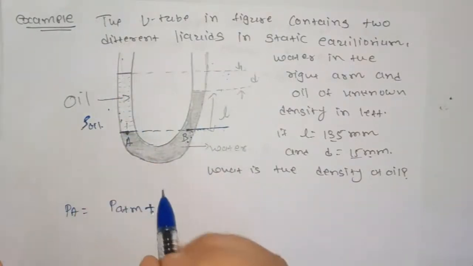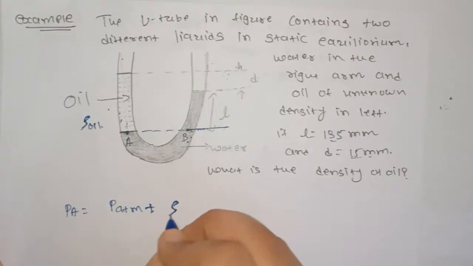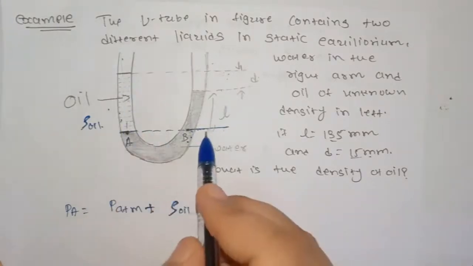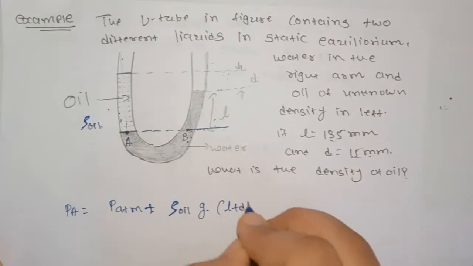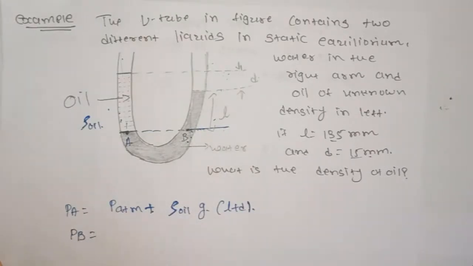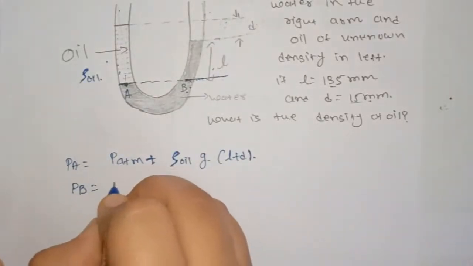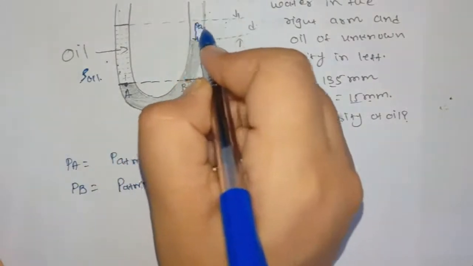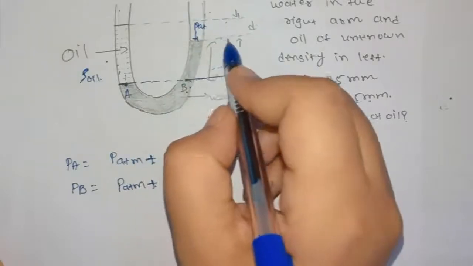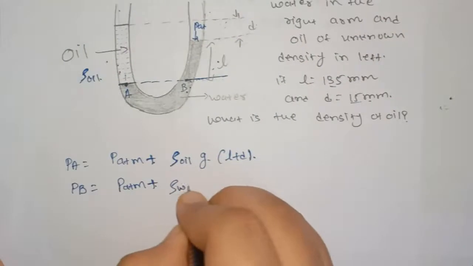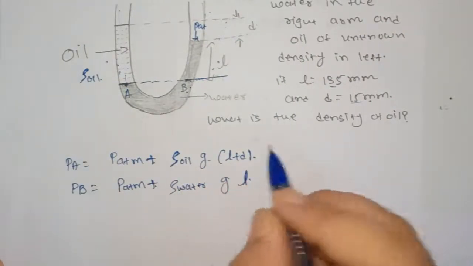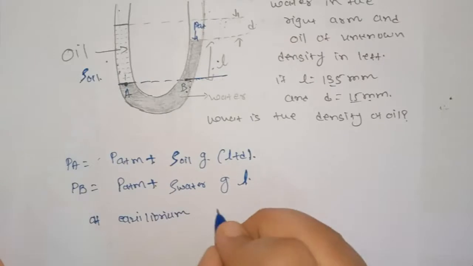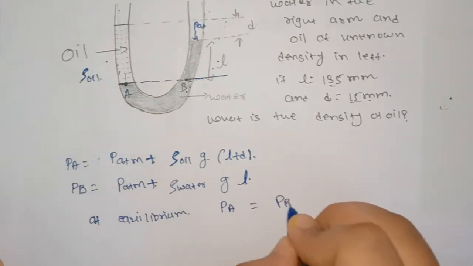So the pressure due to this oil column will be density of oil into g into height of oil column, that will be L plus D. And pressure at B will be equal to atmospheric pressure plus the pressure due to the water in this column of length L, so density of water into g into L. At equilibrium, pressure at point A will be equal to pressure at point B.